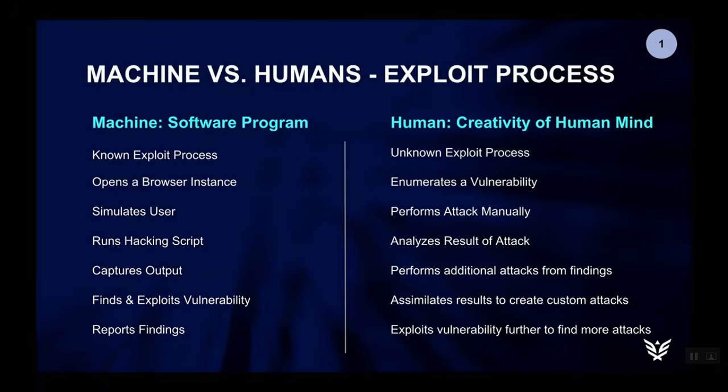And then you get a basic report finding that says, here, I did step 1, step 2, and step 3. This is the user, this is the script, and this is the vulnerability. Well, in the real world, what if a system owner just changed one particular setting of the application? The script won't work. So there's a huge disadvantage of using automated software programs.